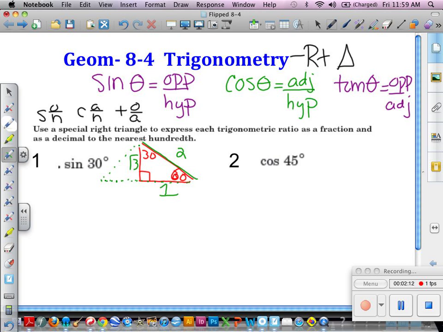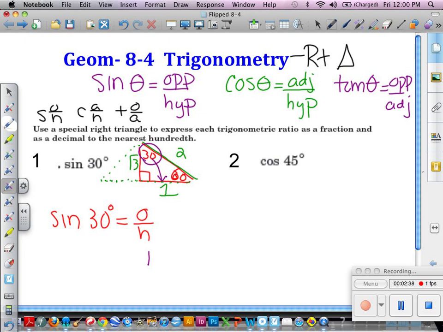So now I need to write the trigonometric ratio for the sine of 30. So sine is opposite over hypotenuse. So I'm going to find my 30-degree angle. I'm going to look for the side opposite of the 30-degree angle, which is 1.